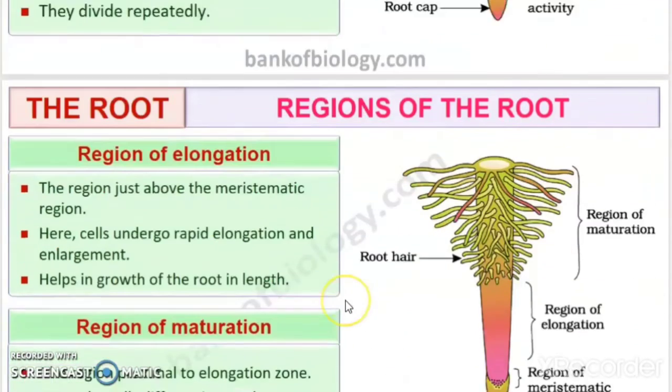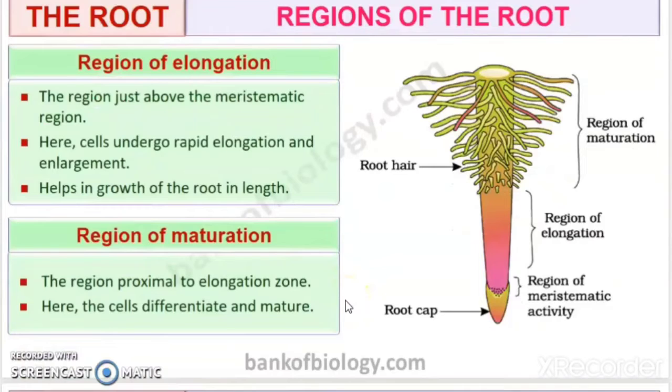Now coming to the region of elongation. This is present just above the meristematic region, proximal to it, and here there is rapid elongation and enlargement happening in the cells, and this leads to growth of the root in length.